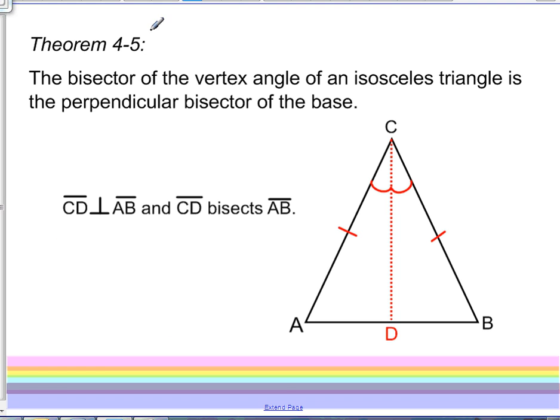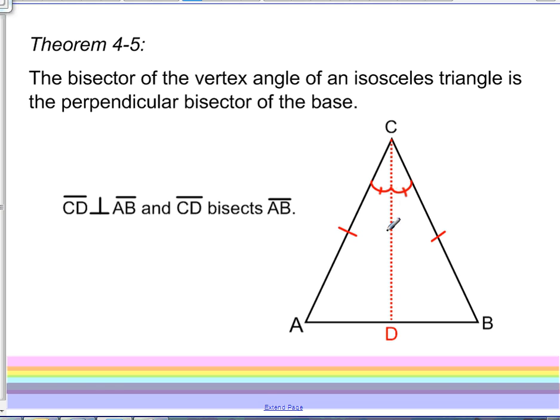We also have a third theorem for this particular idea. We have theorem 4.5, which states the bisector of the vertex angle of an isosceles triangle is the perpendicular bisector of the base. What that's stating is that if we take this angle right here, the vertex angle, and put a bisector in the middle, then these two angles will be congruent.